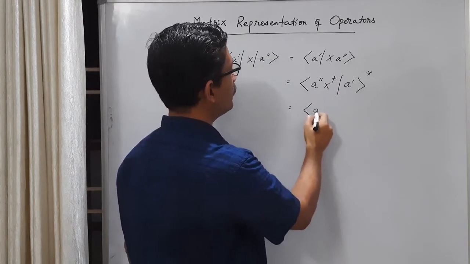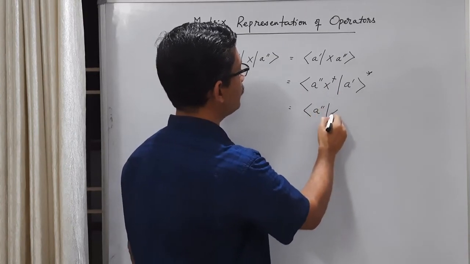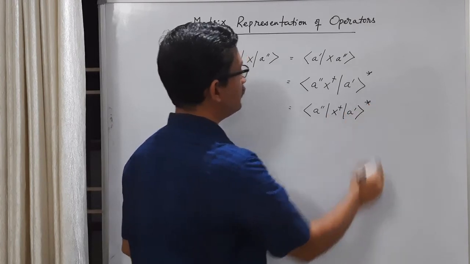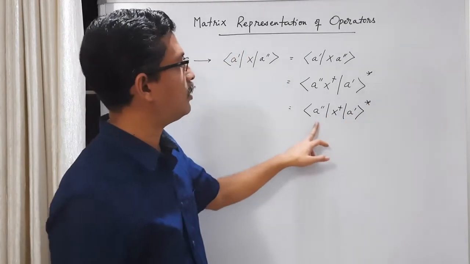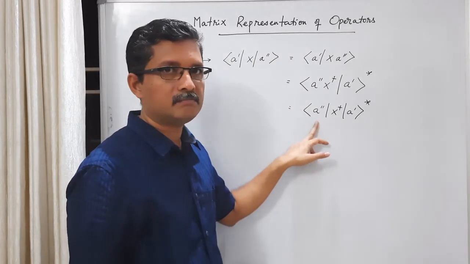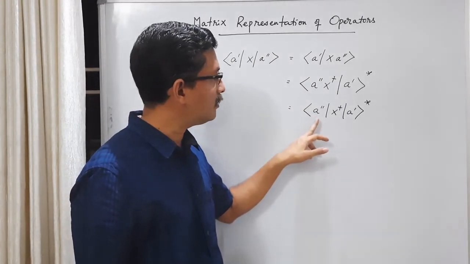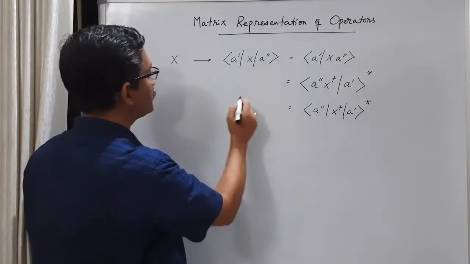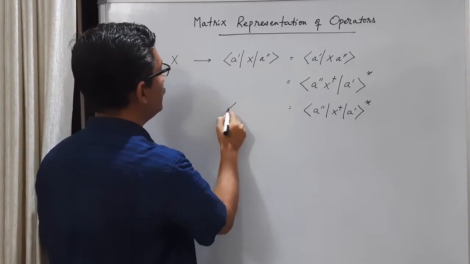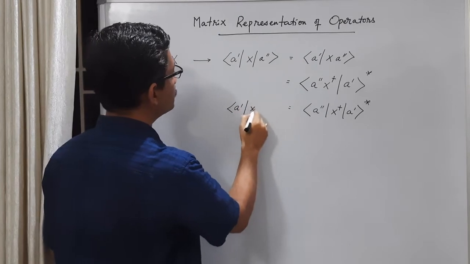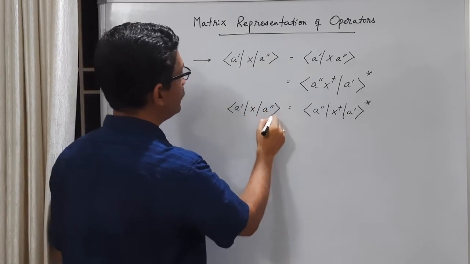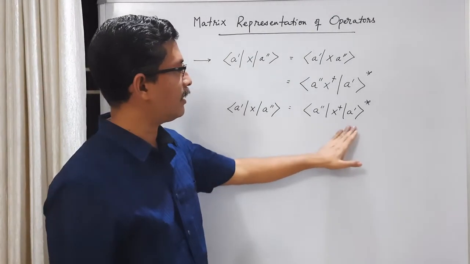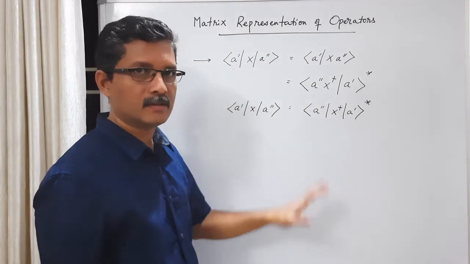So I am writing it like this: a double prime x dagger a prime, with the understanding that this x dagger is now acting on the bra vector. So we have this result. Let us write it here: a prime x a double prime is equal to a double prime x dagger a prime star. This is a basic result.